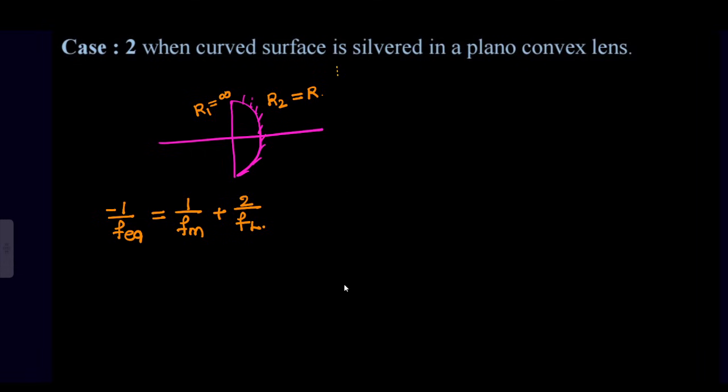Now in this case, first the mirror. Focal length formula. The focal length of the mirror is how much? Which will be equal to R by 2. So here the R we have, this is the mirror, right?